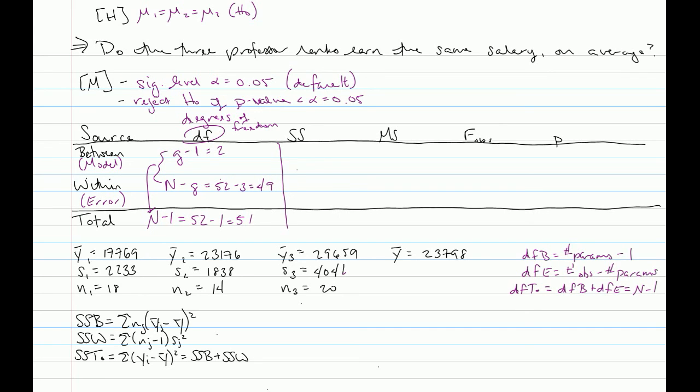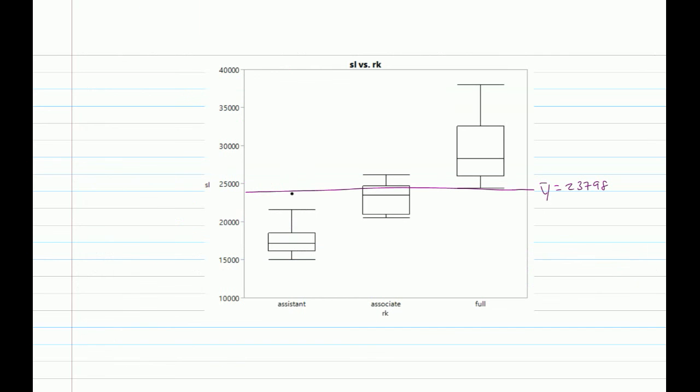For sums of squares, this is where we start thinking about where the variance in that analysis of variance idea comes into play. With SSB, what we see here is that we want the sum that summarizes the difference of the y bar j's minus that grand mean y bar. If we look at our box plot, we see the assistant, associate, and full professors, and the salaries summarized here.